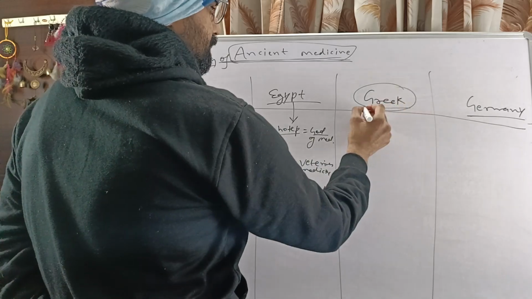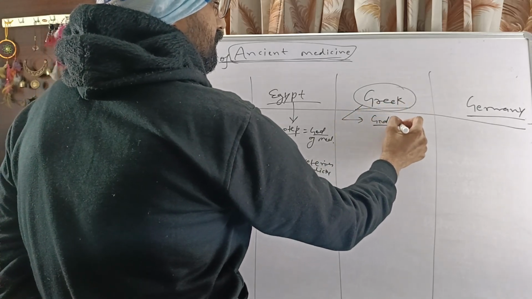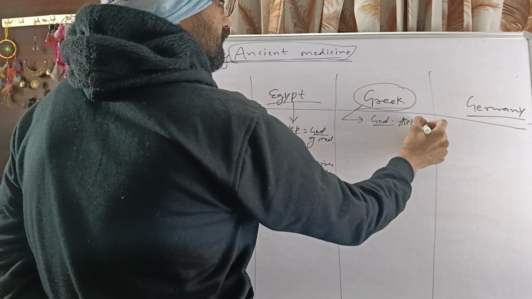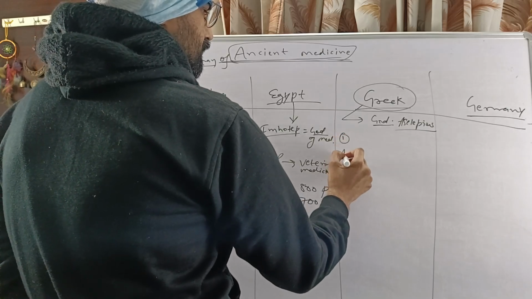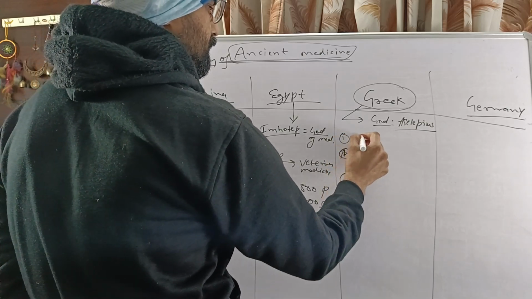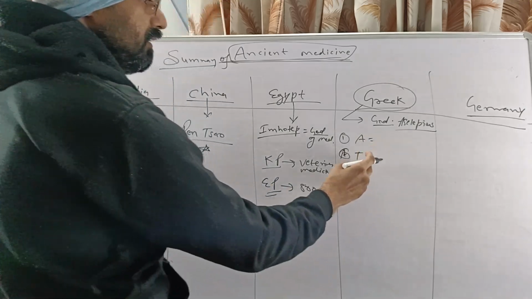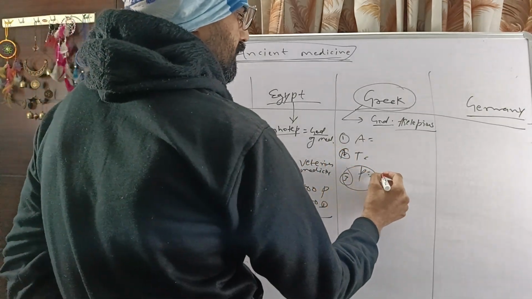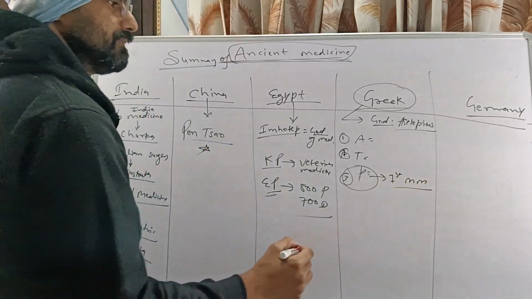In the case of Greece, there is the Greek god Asclepius, and we have seen ATP: Aristotle, Theophrastus and Pedanius Dioscorides, first materia medica.